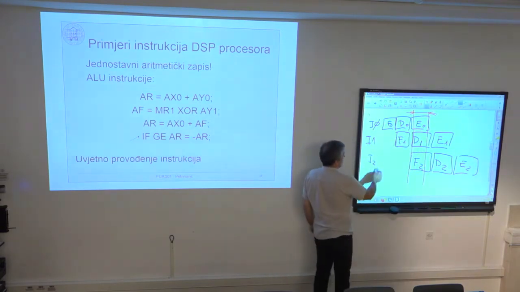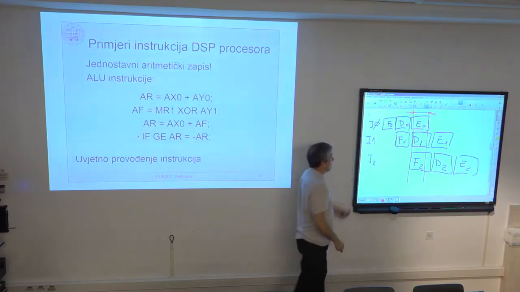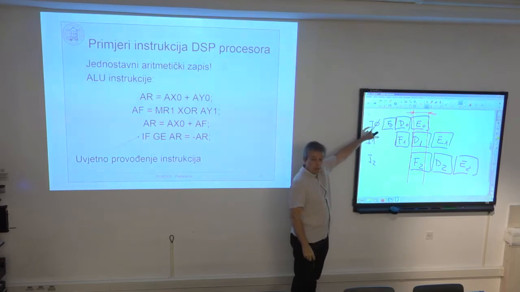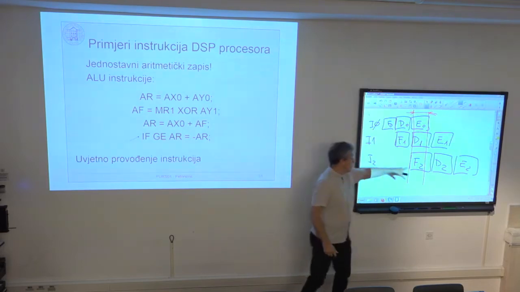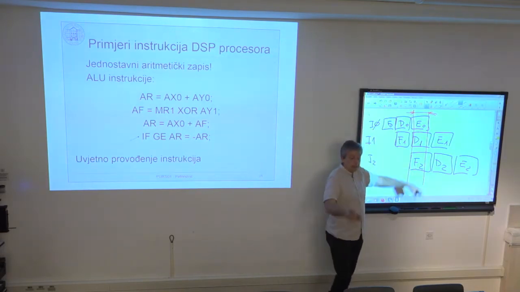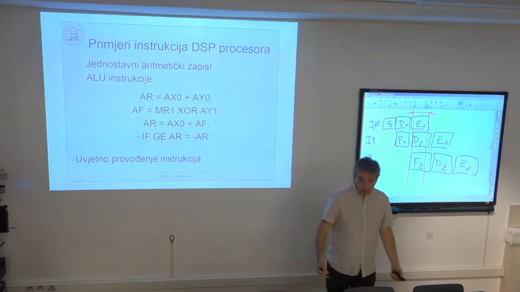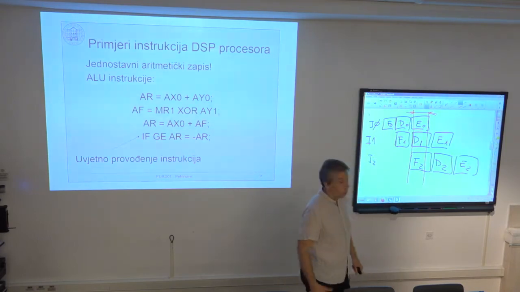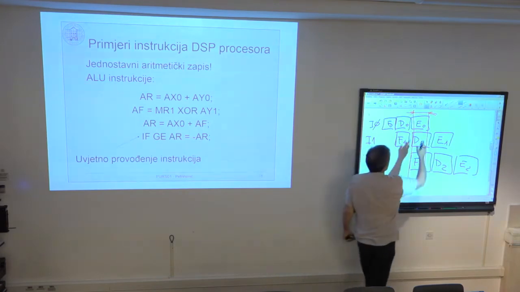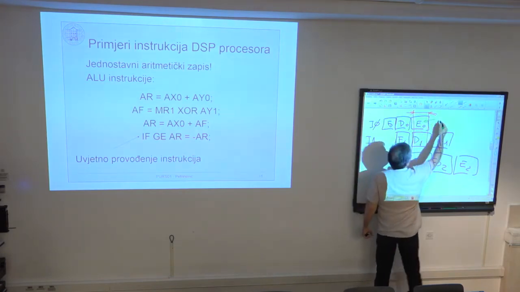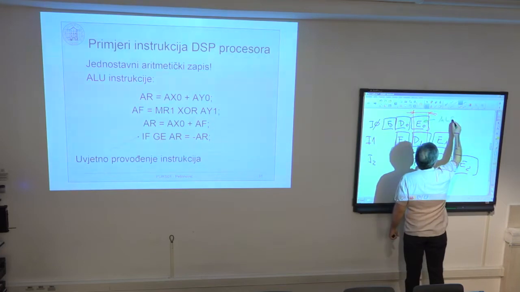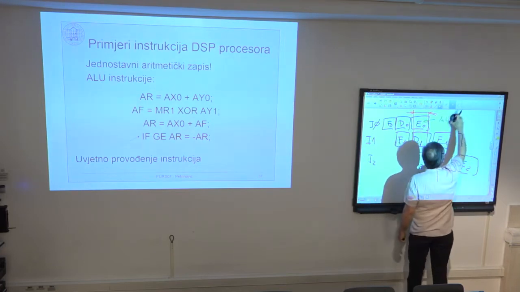For example, if this E2 instruction depends on the result of E1 or E0, then I cannot do the fetching. And exactly the problem is with jumping, conditional jumping. Why? Because, for example, some other instruction sets the condition.